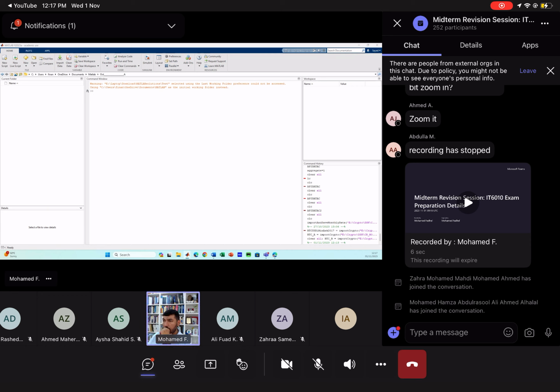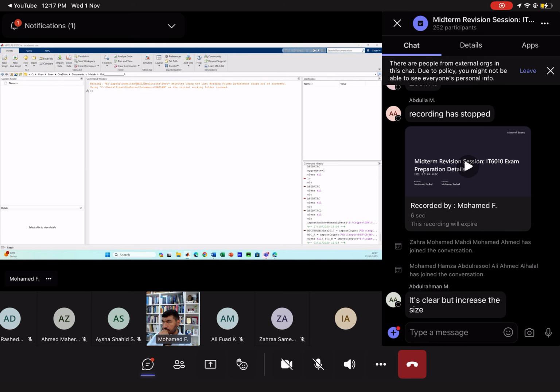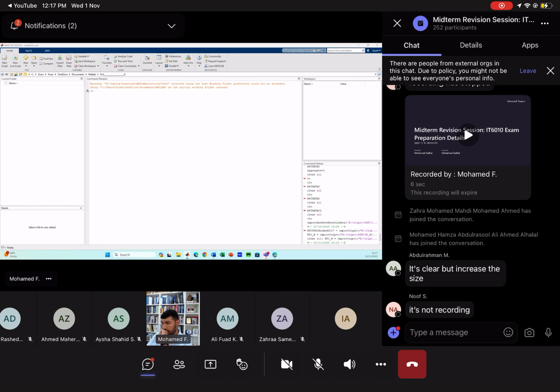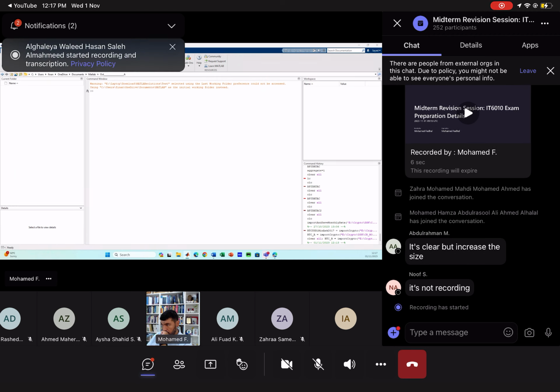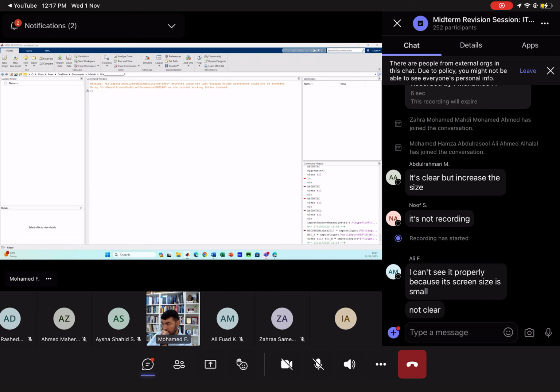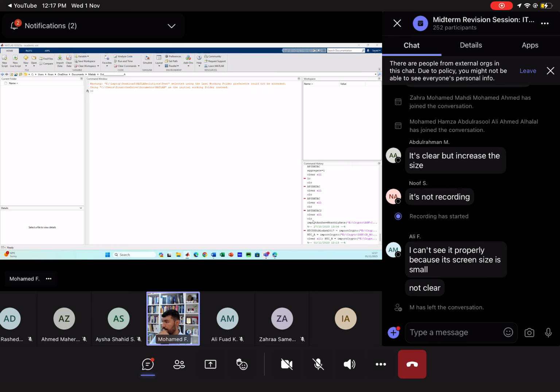Let me see MATLAB add-ons, designer, analyzer, color. Can't see it properly because.